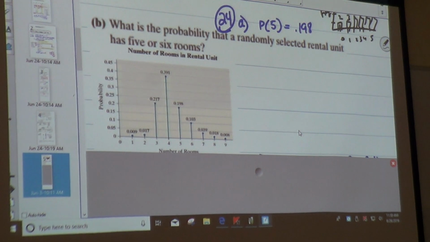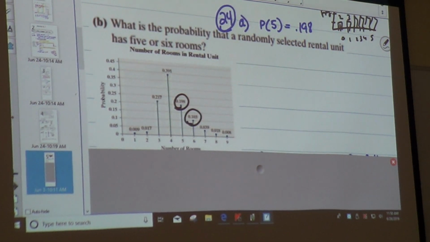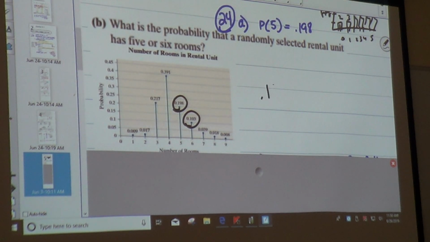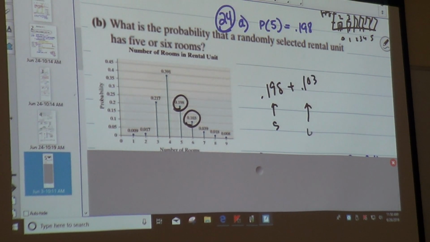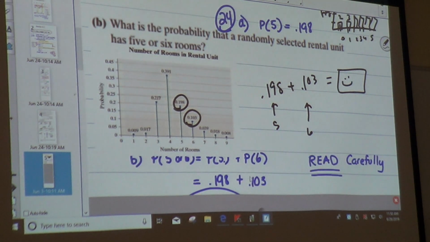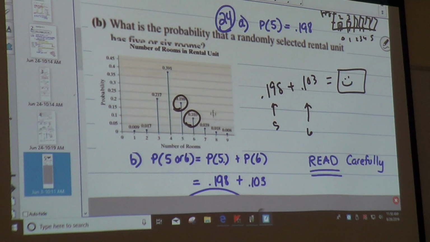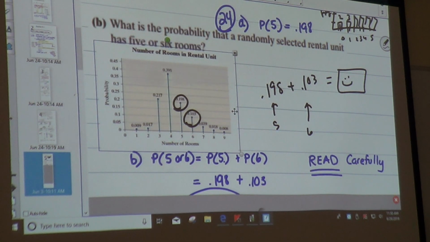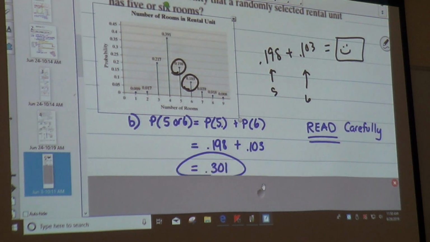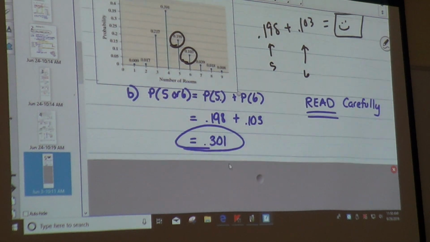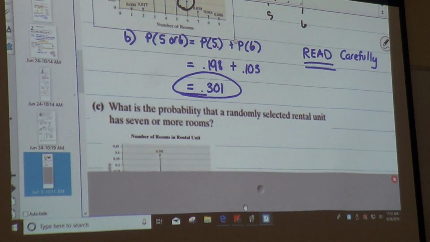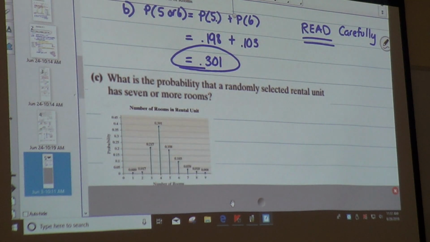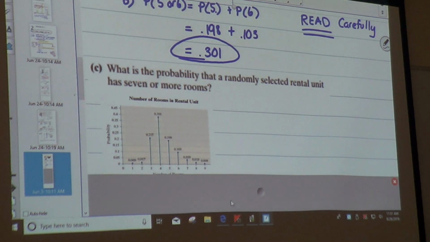So 0.198 is your 5, 0.103 is your 6, and that's going to give you your probability of either one. 0.301. 7 or more.